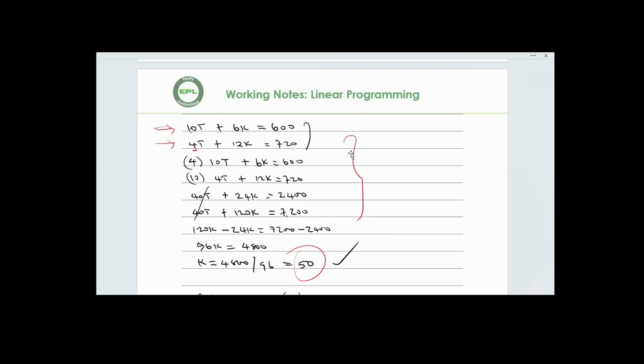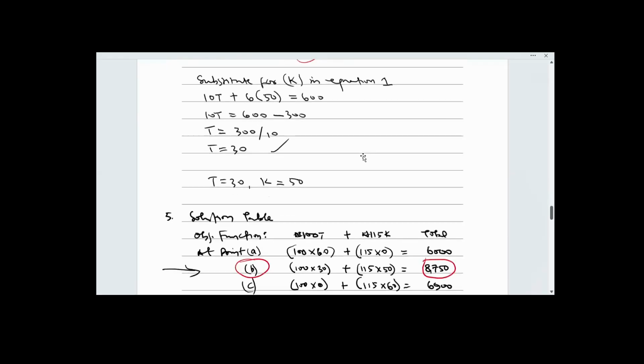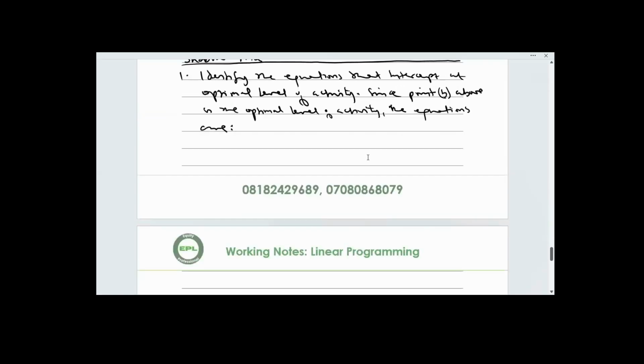That's the point B, all right? We have identified it before. So at point B, 10t plus 6k equal to 600, 4t plus 12k equal to 720. Equation 1, equation 2. So those are the two equations that are intercepted at the optimal level of activity.